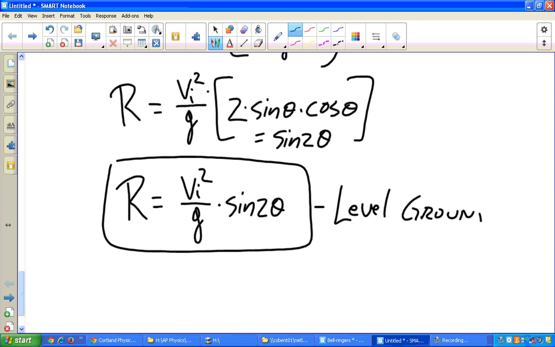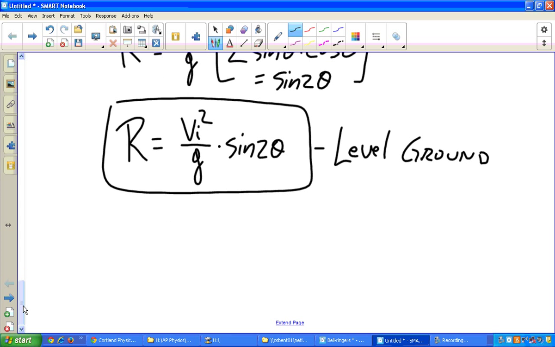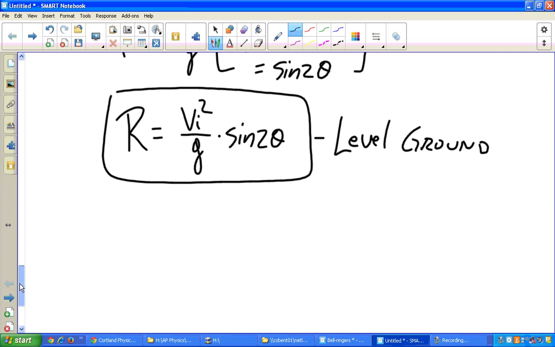Now, the first thing that we talked about when we derived this range equation was how this equation proved that the maximum range for a projectile occurred when theta, our launch angle, was 45 degrees. Let's go ahead and show that quickly. So recall, the sine function has a minimum value of -1 and a maximum value of +1.